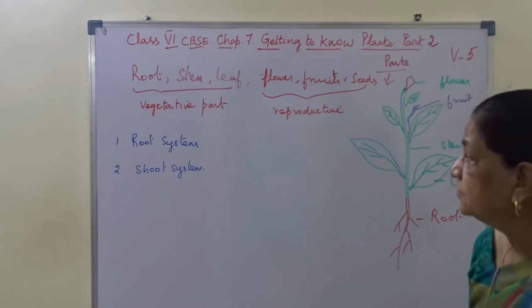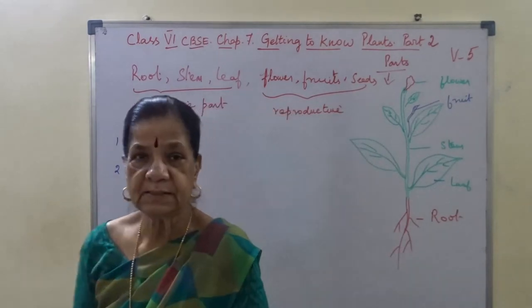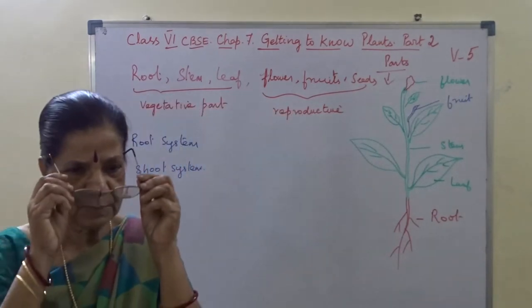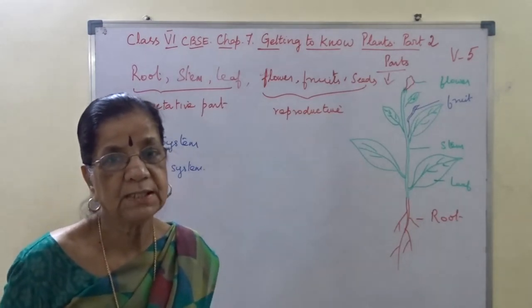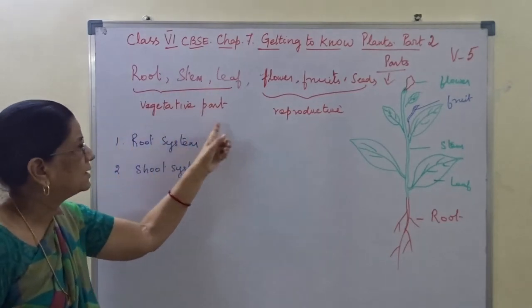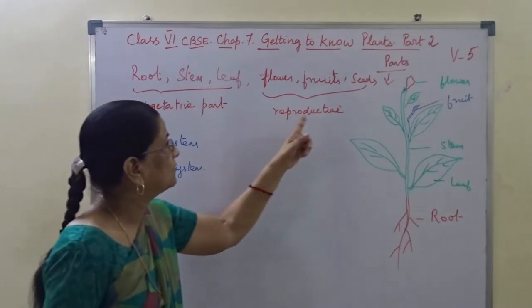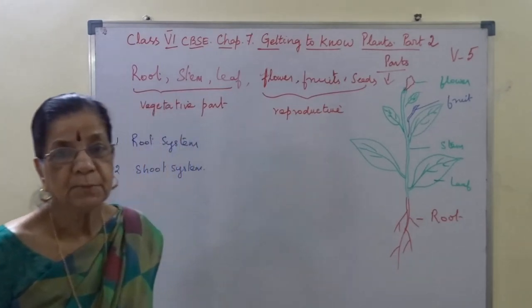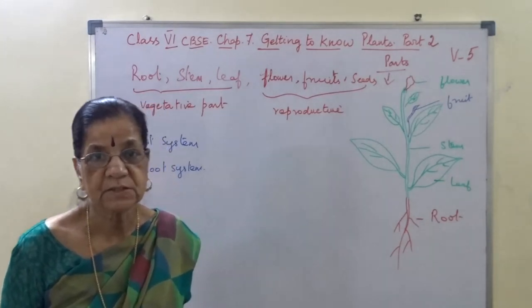Then we are learning parts of the plant as root, stem, leaf, flower, fruits and seeds. As I said the other day, root, stem and leaf are the vegetative parts of the plant and flower, fruits and seeds are the reproductive parts of the plant. I hope you have understood.